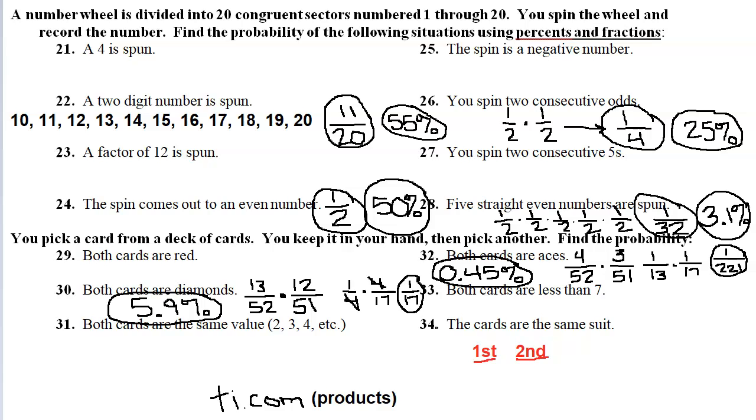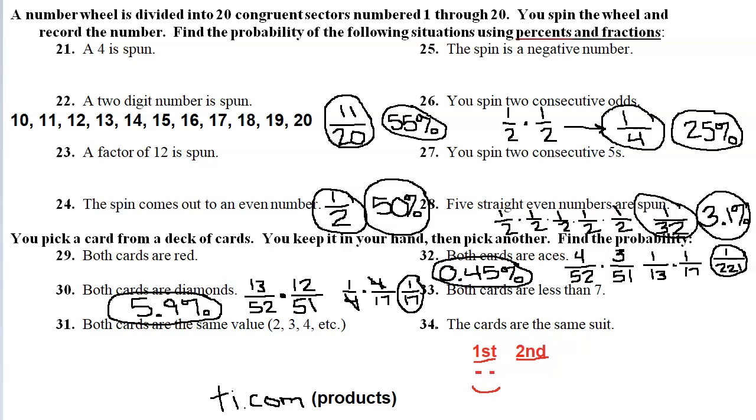The first card doesn't matter. Because the question said, what is the probability that the cards are the same suit? So it doesn't matter what suit your first card is. All that matters is that the second card matches it. So the first card, the probability of getting the first card to be what you want is actually 100%.